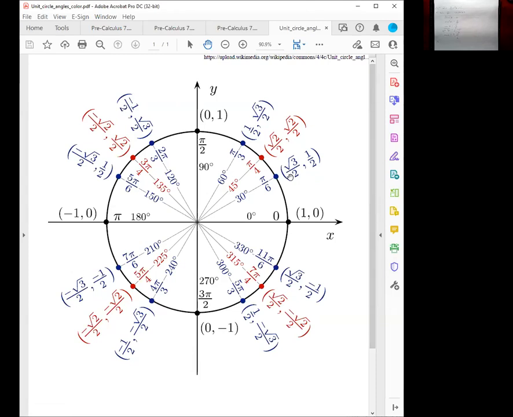The first theta, I'm going to use radians this time, get away from degrees. Theta 1 is pi over 6. Theta 2 will be 5 pi over 6. Write them all down. Theta 3 is 7 pi over 6. Theta 4 is 11 pi over 6.